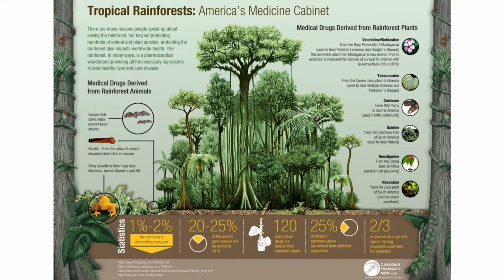So even with this coronavirus pandemic, who knows whether a cure for coronavirus may come from the rainforest. So really interesting thing that some of you might want to explore a little more about, the medicines that come from the rainforest, and this slide is really useful, but it's also on the website that I've put.